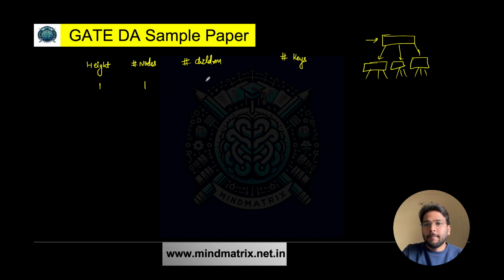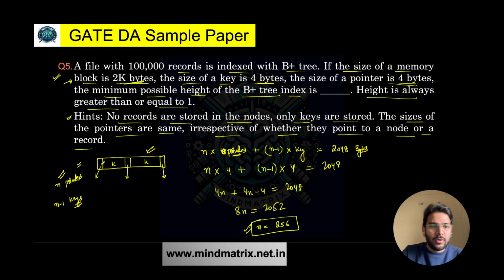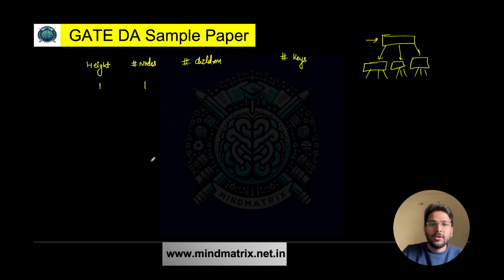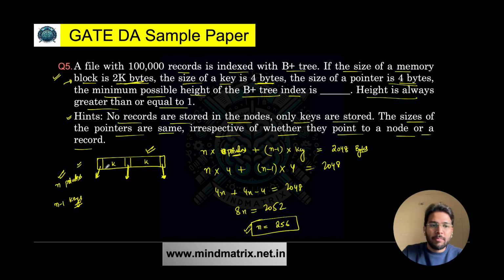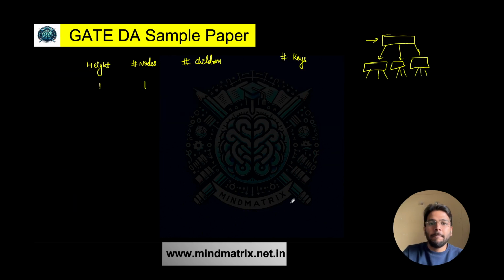How many children are there? That is going to be equal to the order of the tree. Basically, if you see here, the number of block pointers is nothing but the number of children you have, right? So the number of block pointers is the value of n, which is 256. So here we can write 256.